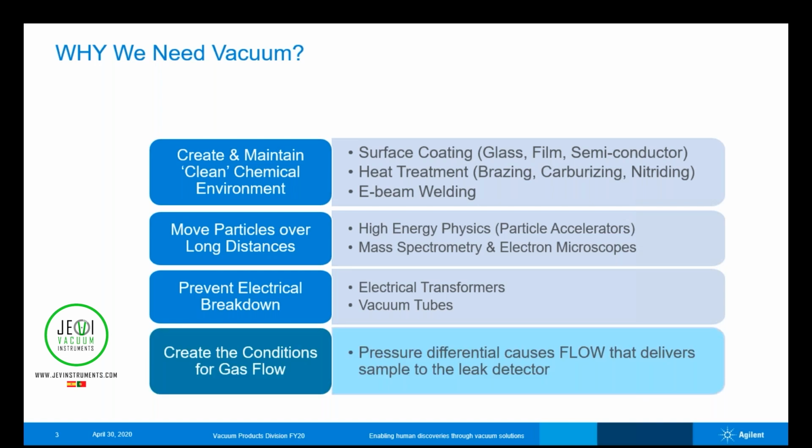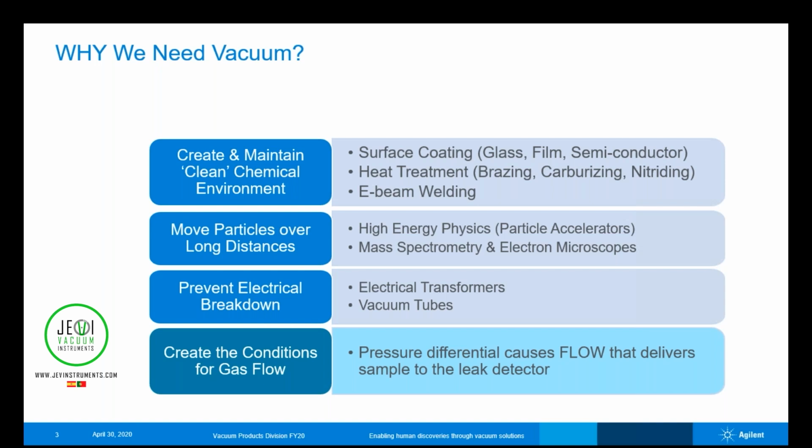One last reason for requiring vacuum, and John McLaren will speak in some detail about this later, is that when we're doing leak detection, so we want to try and use, let's say, a helium mass spec leak detector to determine what the source of vacuum leaks are in our vessel, we need to create the conditions for flow.